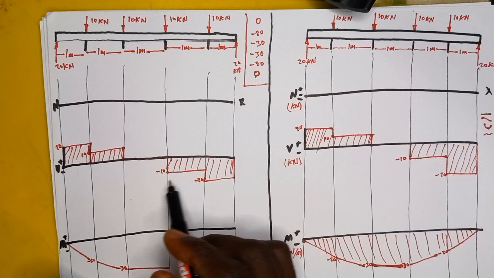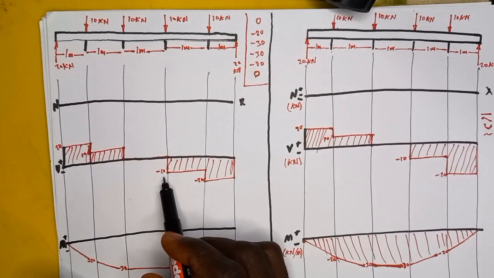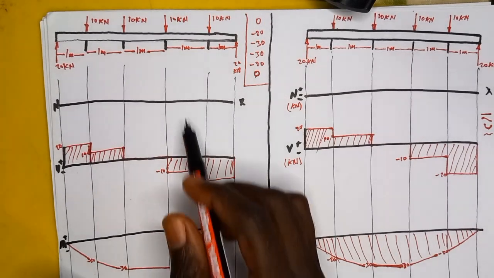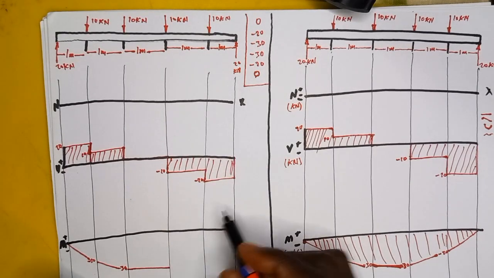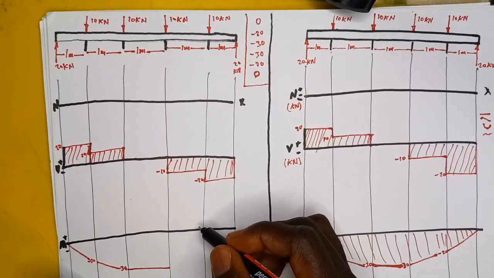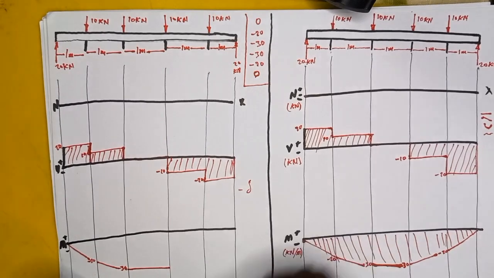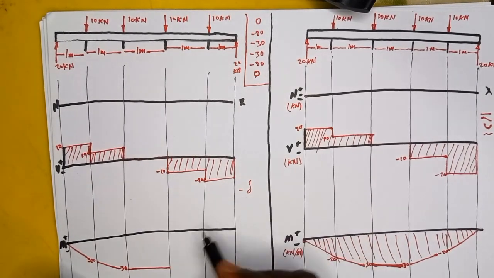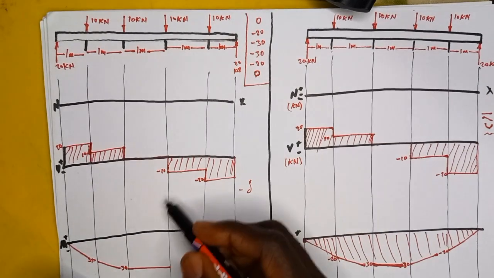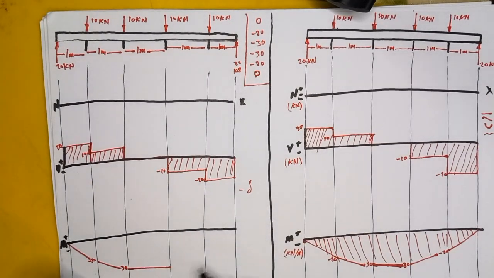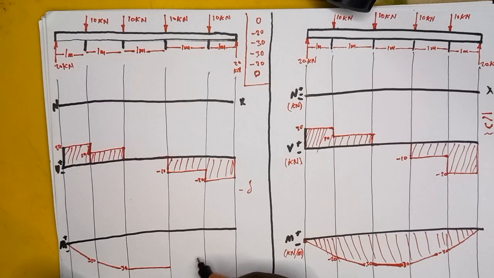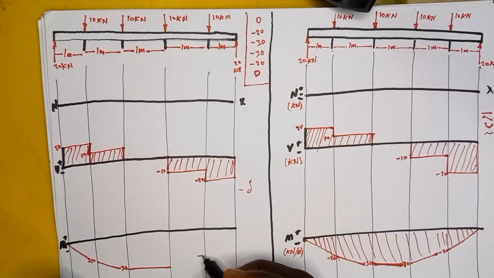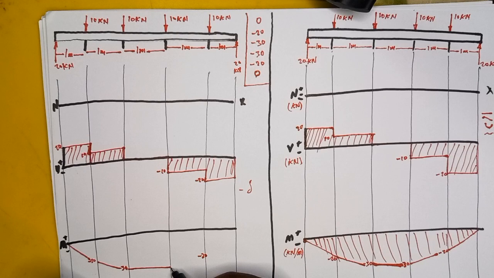Multiplying that by the base, the distance, is going to give us negative 10 as well, since the distance is 1. Multiplying that by negative, because we said the negative integral, is going to be positive. So adding positive 10 to negative 30 is going to give us negative 20. Negative 20.